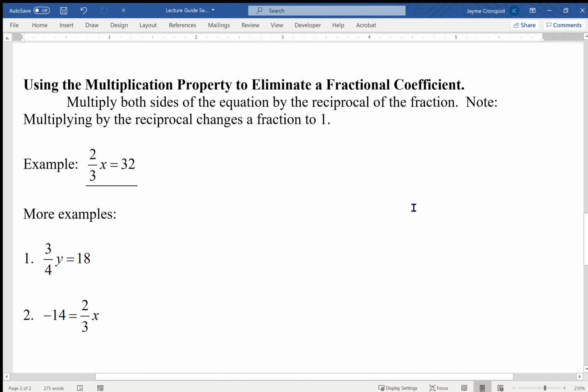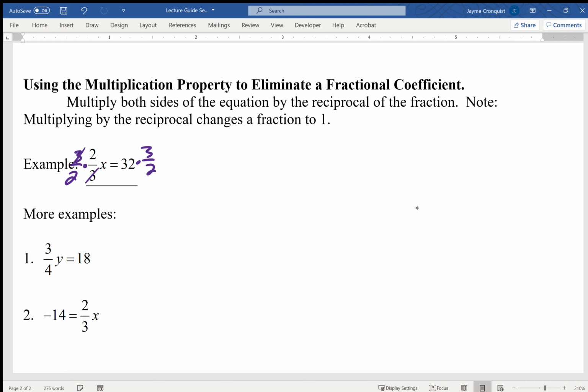All right, using the multiplication property to eliminate a fractional coefficient. So now if you have a fractional coefficient, we're going to multiply by its reciprocal. Okay, so in this first example, I'm going to multiply both sides by 3/2.